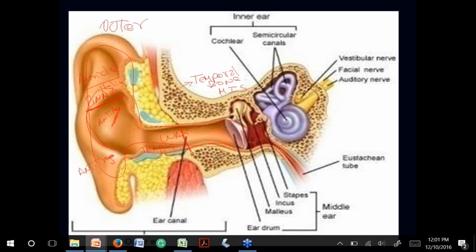Malleus or hammer, incus or anvil, and stapes or stirrup. This is the malleus, all this is the incus, and this small one is the stapes.